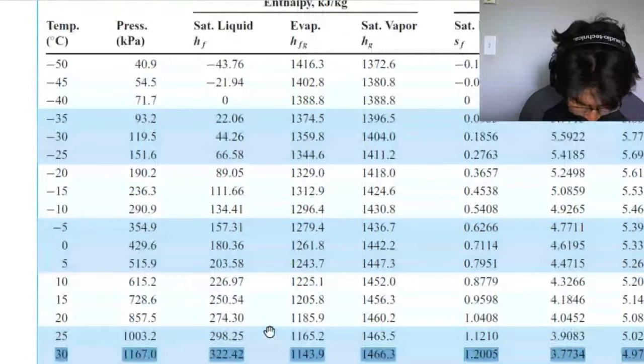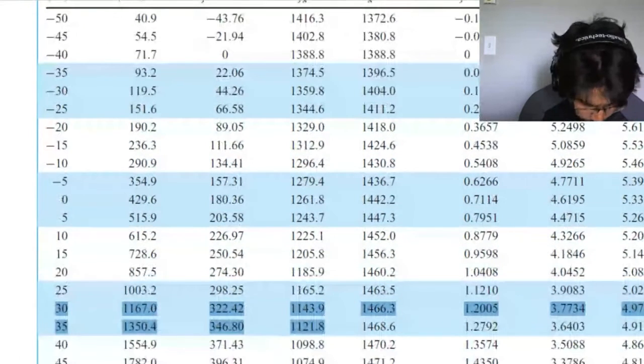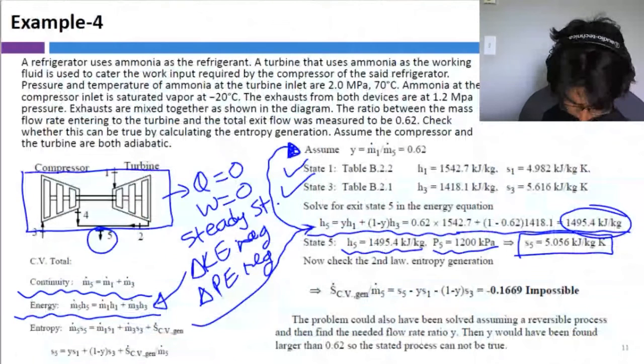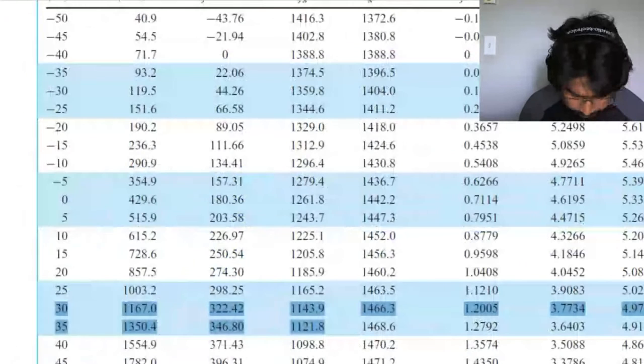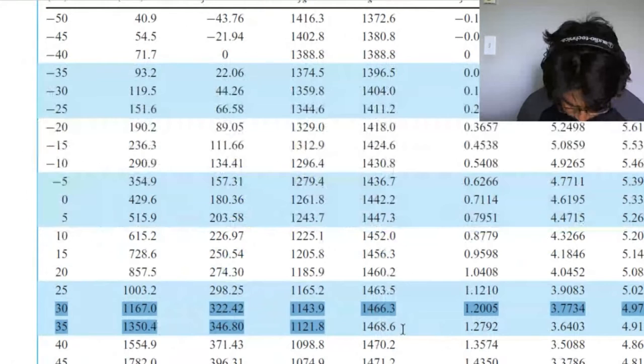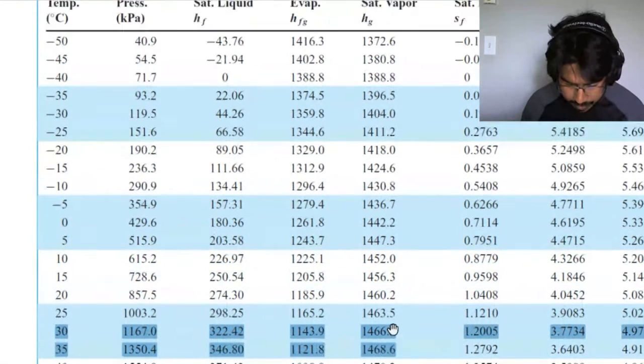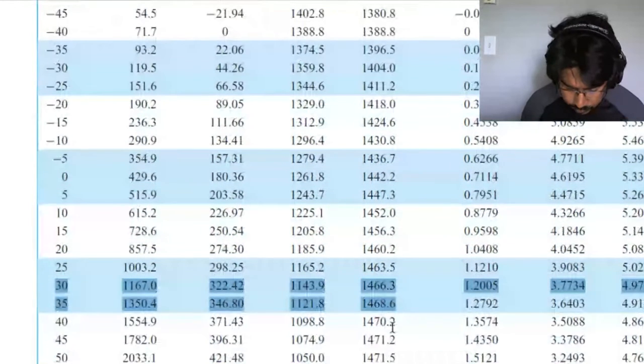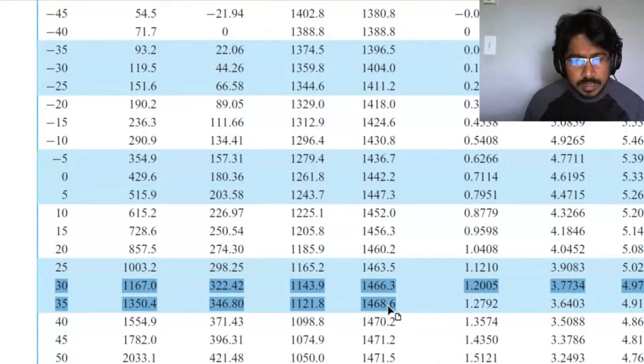And the enthalpy value that we have is 1495. So 1495 is greater than the hg values that we see in both cases. So what does this mean? This means that our substance is in the superheated region, right?